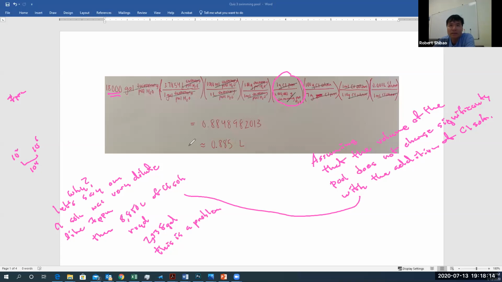Yeah, it changes the volume a little bit, but not much. And so what we can say is that this is a negligible addition.